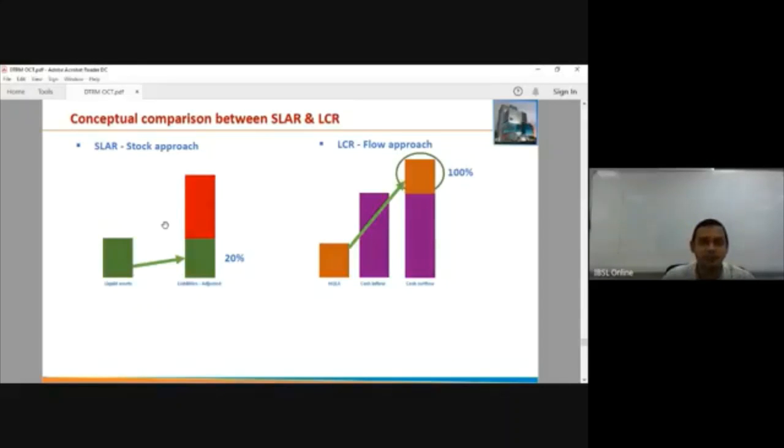That is permitted. Take another example. Today your SLAR for DBU is 22% and FCBU is 18%. Now what is the position? Can you use your excess in the DBU, that 2%, to cover up the shortfall in the foreign currency banking unit?